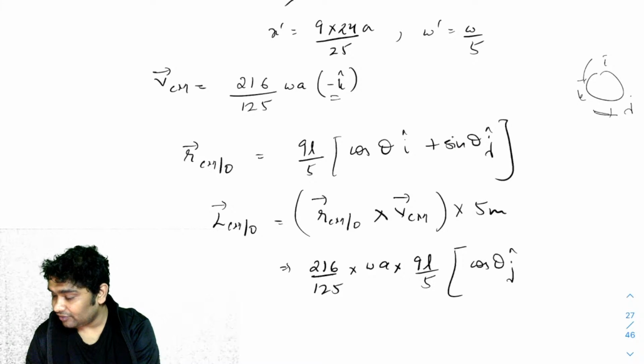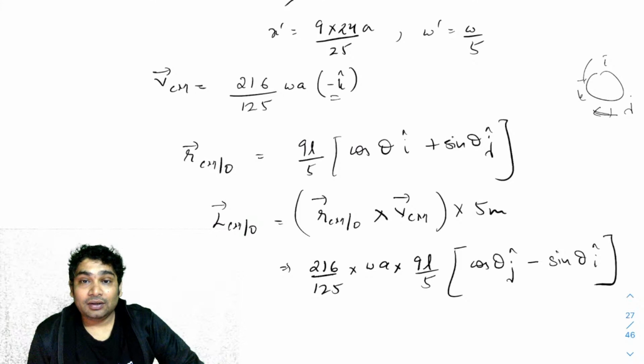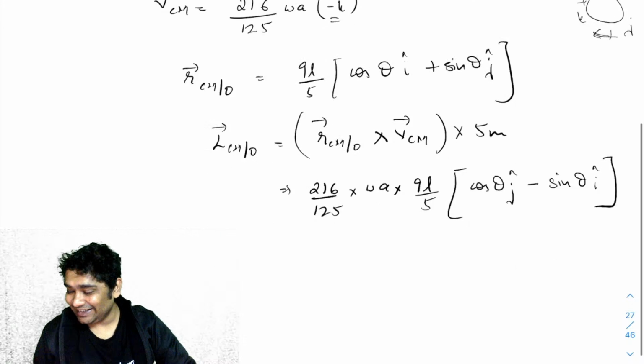So j cross k would have been i, but then minus i, sine theta i cap. Okay, so this is what I am getting.